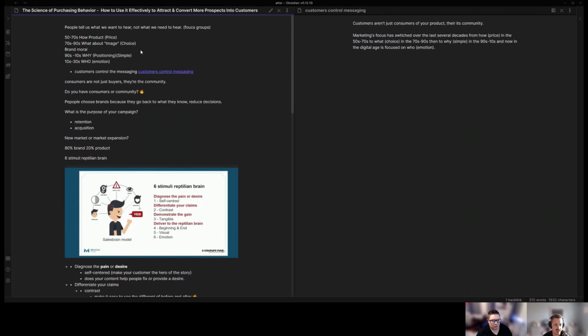At the very beginning, what I thought was really fascinating was this progression of marketing and how it changed its lens. It started in the 1950s to 70s with the how, basically describing the product, its price, its properties. Then in the 70s, it switched to the image, around choice, the different brandings of choice, different colors to fit different people.